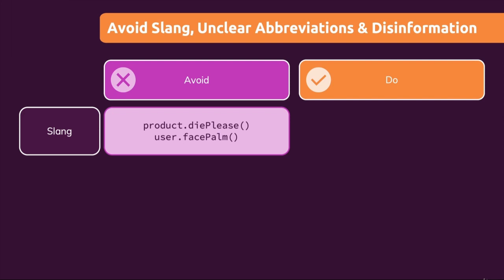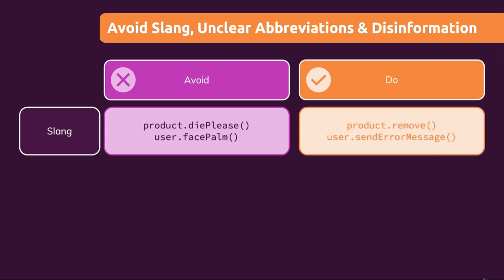Die please, for example, sounds like the product is about to be deleted, but I can't be 100% sure about that unless I dive into the code. So instead, don't use slang, use objective, clear names like remove or send error message here.